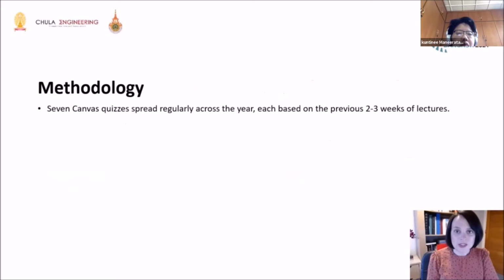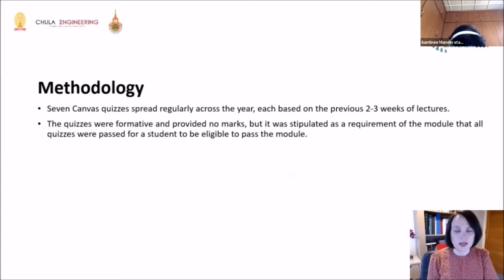So what we decided to do was to use Canvas quizzes. So we designed 7 Canvas quizzes which we spread regularly across the year. Each of these quizzes was based on the previous 2 to 3 weeks' lectures. The quizzes were formative. They provided no marks, but we did tell the students at the outset that if they did not pass the quizzes, they would not pass the module.